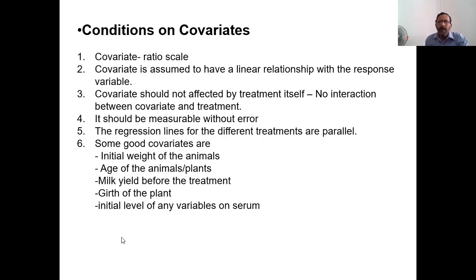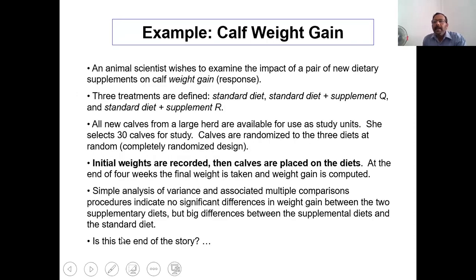Now we will go to an example and try to figure out how it really works. First of all, what is ANOVA or analysis of covariance, and how is it really helpful to have highly precise experiments, right?